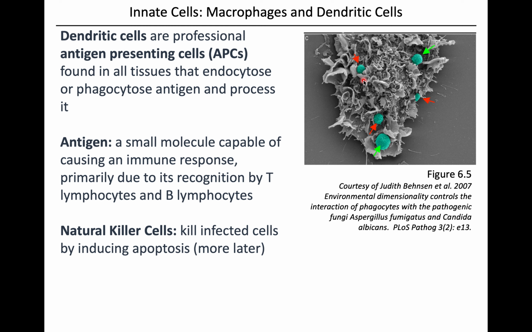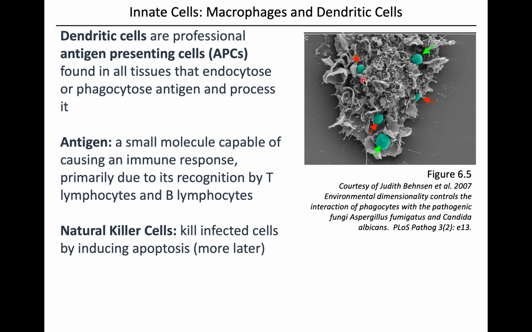They can then present the antigen, or part of the antigen, on their cell surface and essentially show it to other cell types in order to activate them, which again we'll talk about in a second. I was just talking about them being antigen presenting cells. Hopefully you're all aware of what antigens are, but just to remind you, these are small molecules that are capable of causing an immune response.